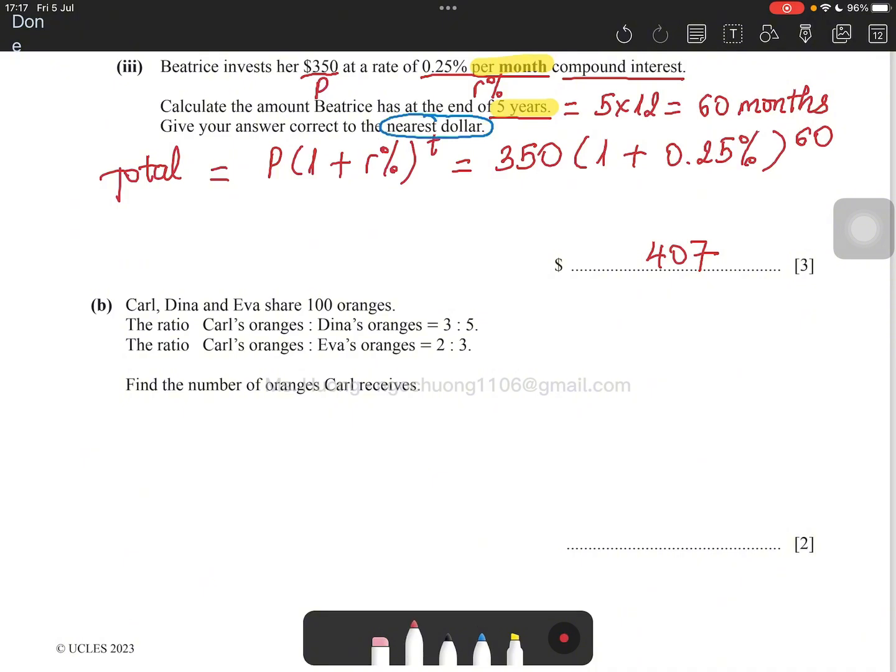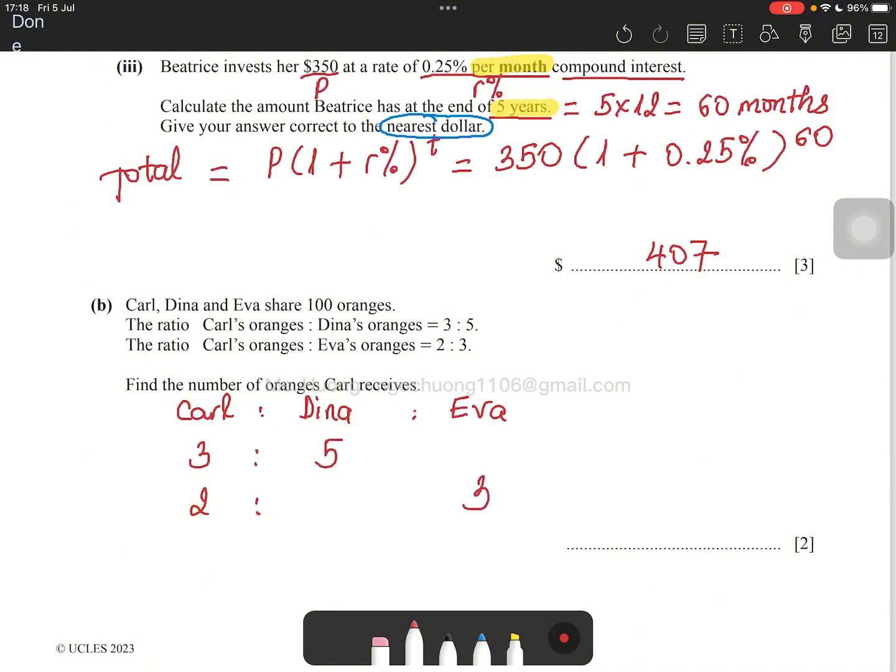Question B. Carl, Dina, and Eva share 100 oranges. The ratio of Carl to Dina is 3 to 5. And the ratio of Carl to Eva is 2 to 3.